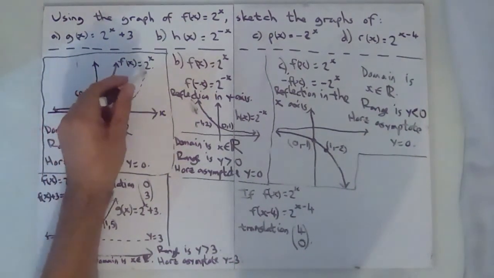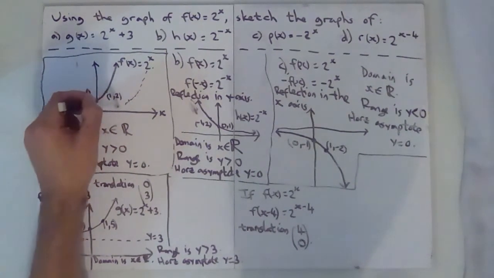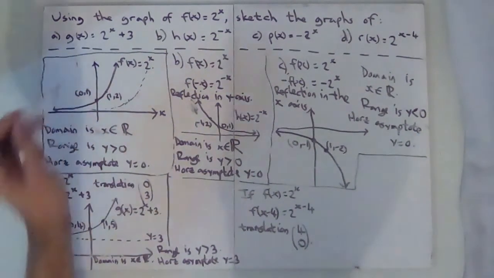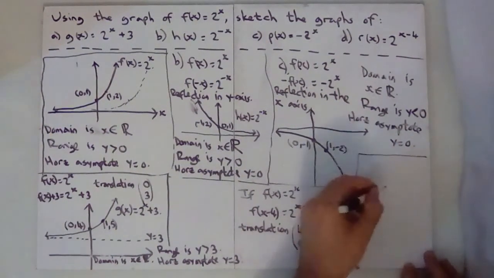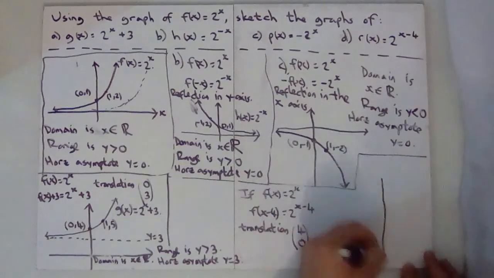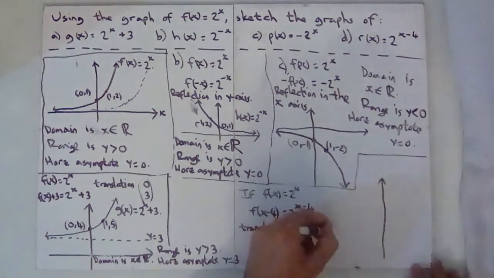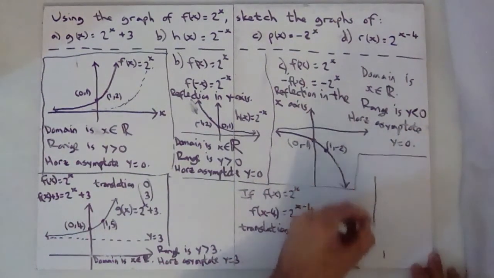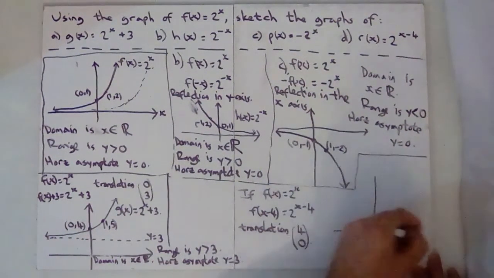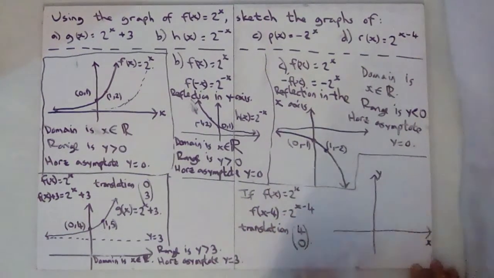So it's going to go up something like that, and then it's going to get to its asymptote somewhere around here. So let me see if I can draw that. It's a lot easier to do these when you just sketch, when you have the parent function already, but it's not what we've been asked to do. So actually I might just move that. Give myself a bit more room out there. X and y.